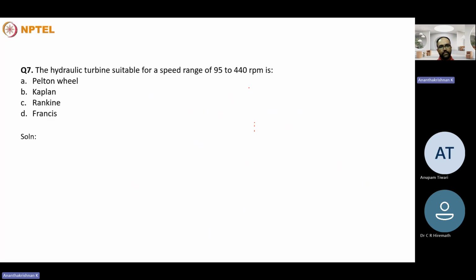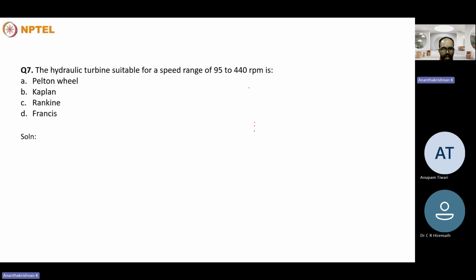In one of the earlier problems, a numerical was there, right? So we have learned something from that, and that will be required in this problem to identify the type of turbine that might be suitable for certain cases. The question is: the hydraulic turbine which is suitable for a speed range of 95 to 440 RPM is Pelton wheel, Kaplan, Rankine, Francis.